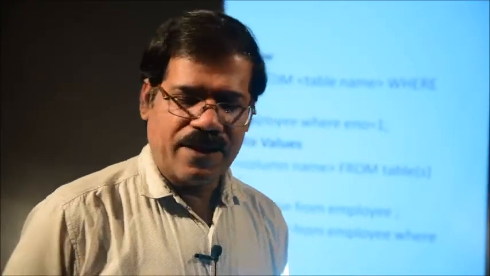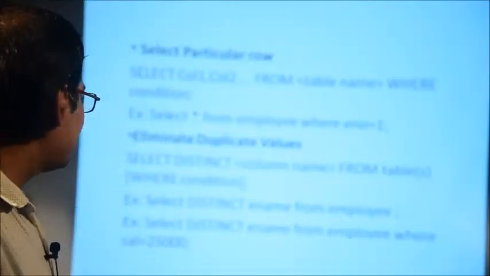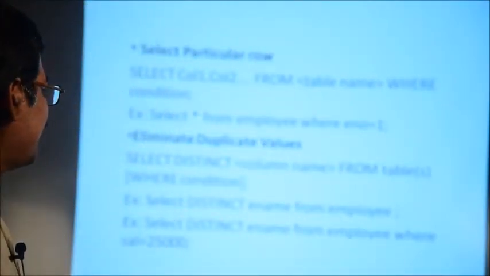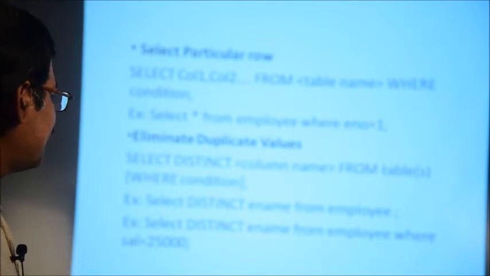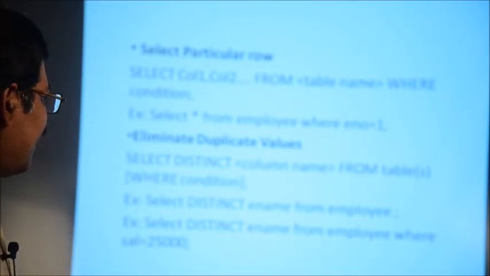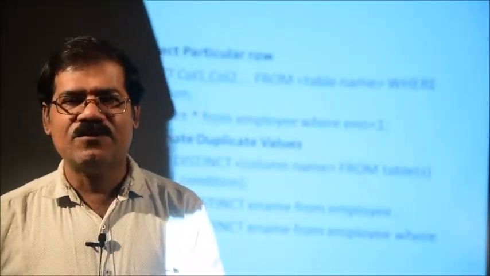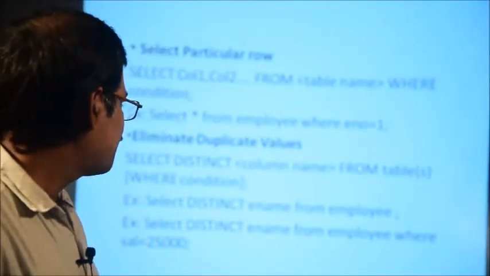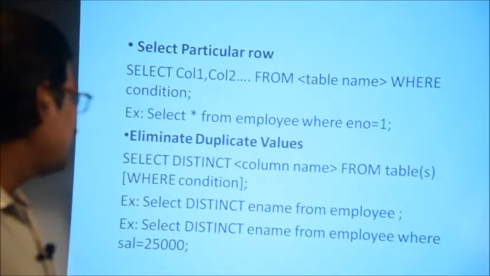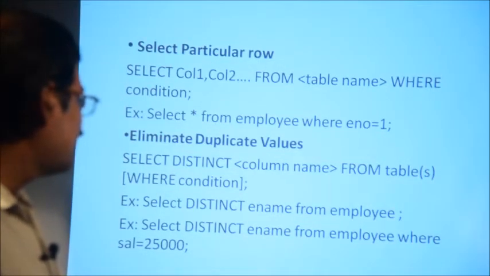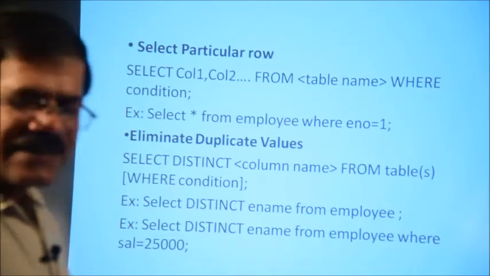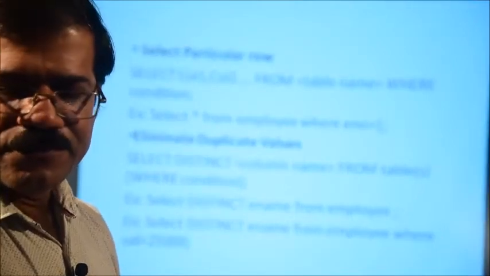So the condition is whose salary is 25,000, the name will be displayed. If you write distinct, if there are 2 Rams whose salary is 25,000, only 1 Ram will be displayed, and for 2 Sams having the salary 25,000, only 1 Sam will be shown. That means the duplication of the name will not be shown, because distinct means the duplication will be removed.